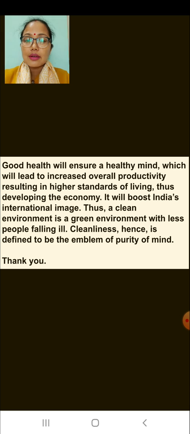Thus, a clean environment is a green environment with fewer people falling ill. Cleanliness, hence, is defined to be the emblem of purity of mind. Thank you.